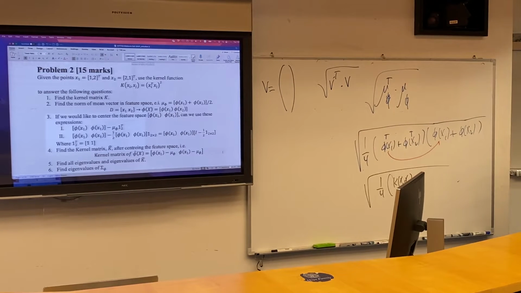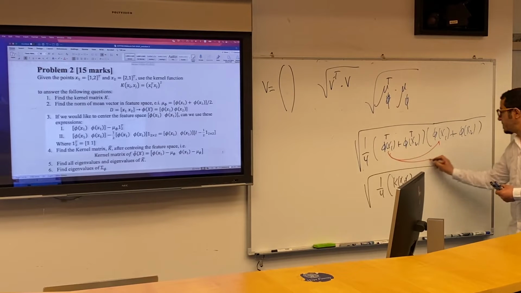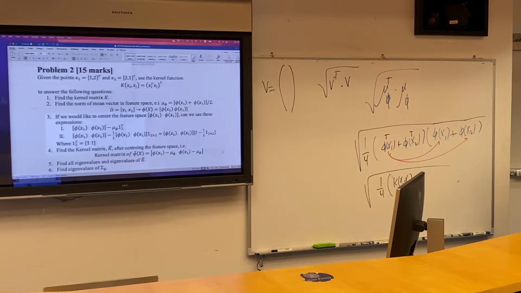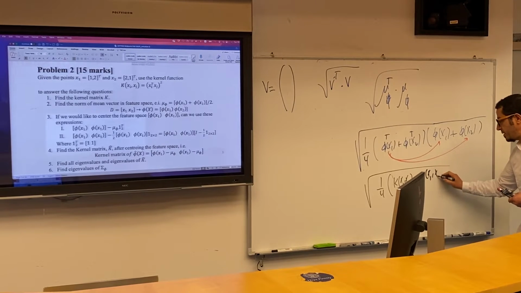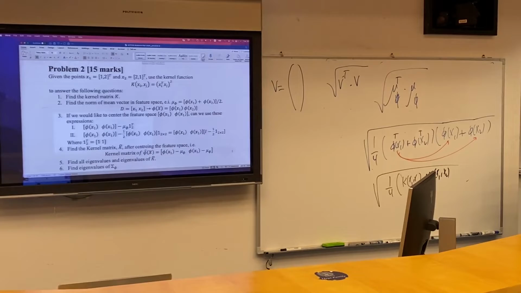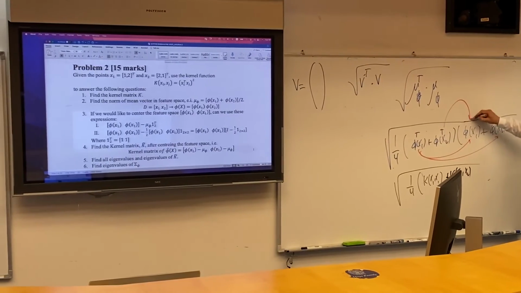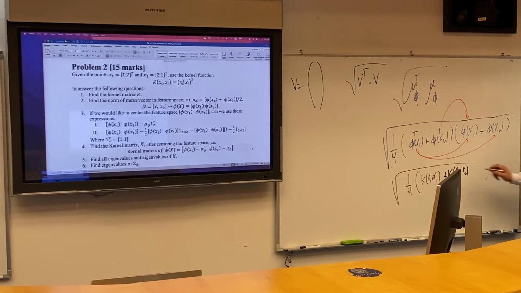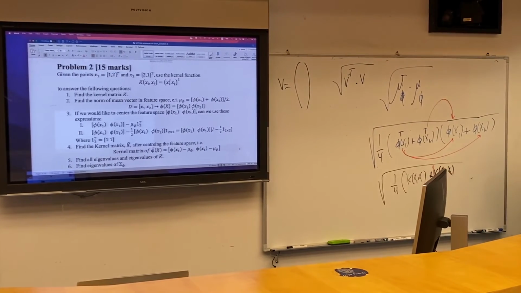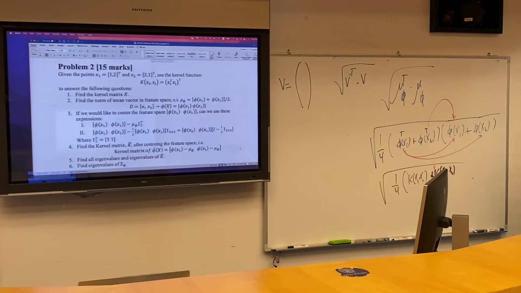Next one. This with this, what is it? Kernel x1, x2, right? Okay. Another one. This with, it's same thing, kernel x1 and x2, or x2, x1, doesn't matter. So what they do here? 2 times, right? Plus, last one, kernel x2, x2.